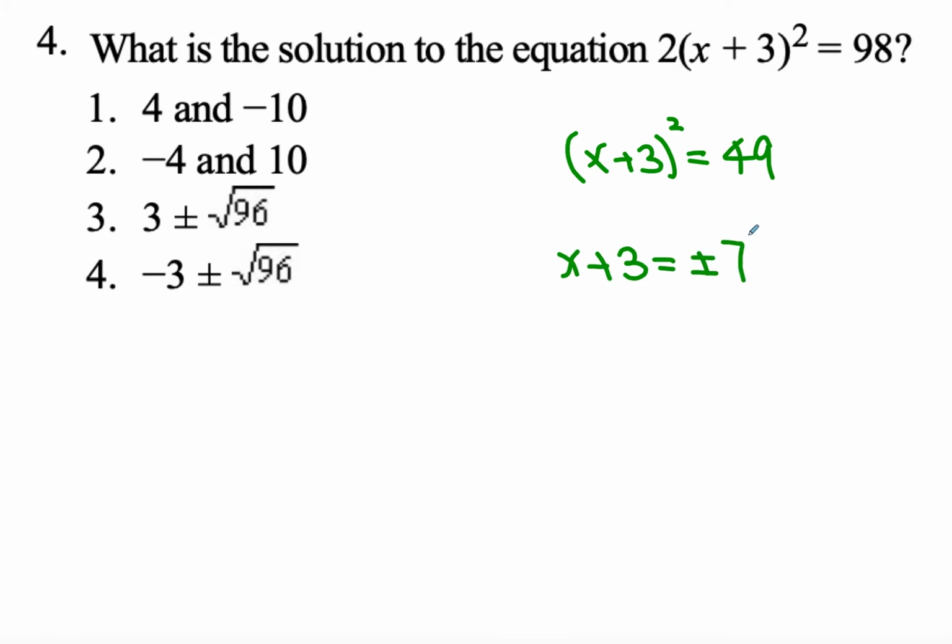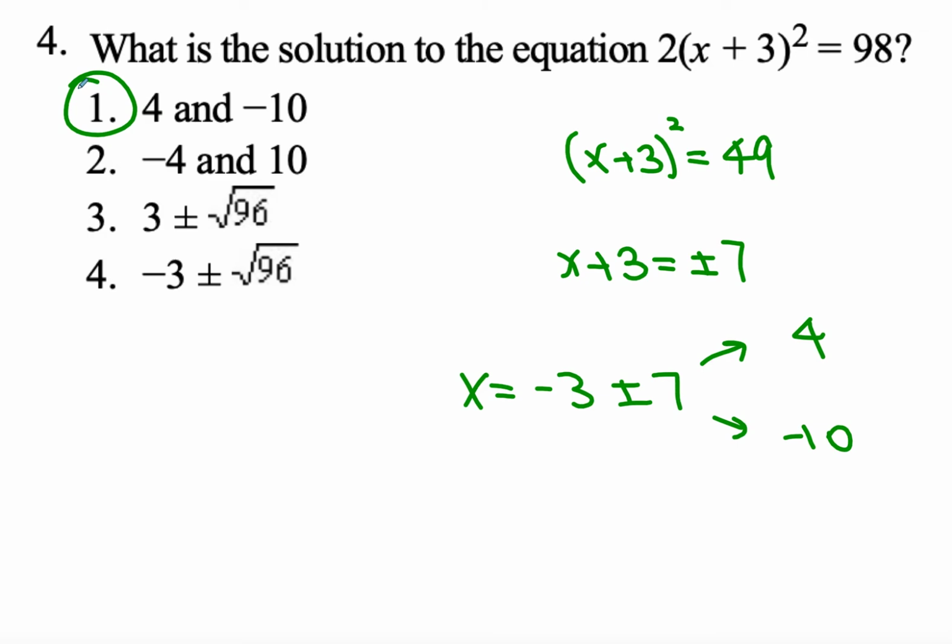Then how would you find the value of x? I will subtract 3. Then x becomes negative 3 plus or minus 7. First, negative 3 plus 7 becomes 4. Negative 3 minus 7 becomes negative 10. So 4 or negative 10. Choice 1 is our answer.